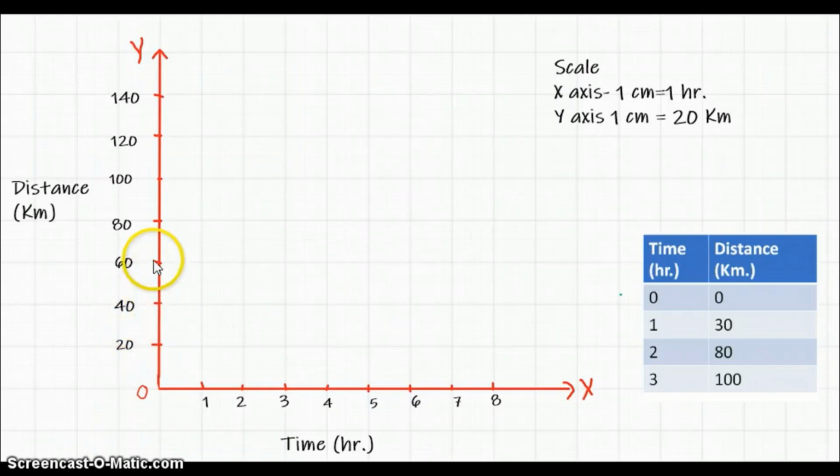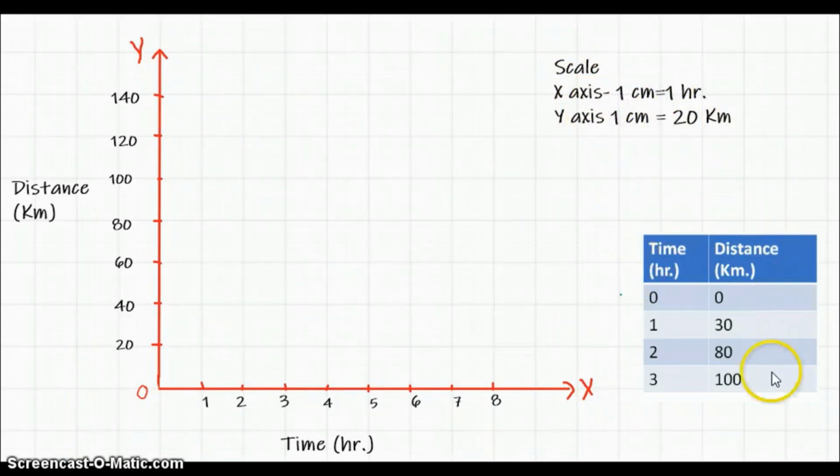Then I have added 20 more to every block. So this is the scale. The scale is a must. I am telling you the elements of the graph which you have to write when you are making a graph.